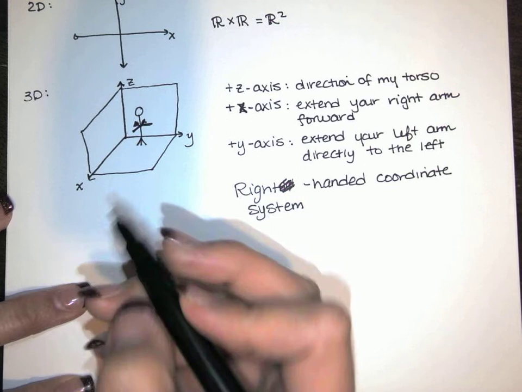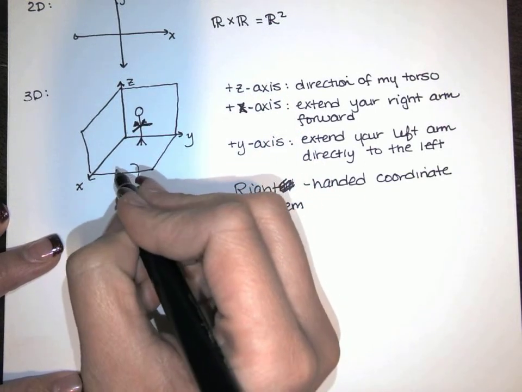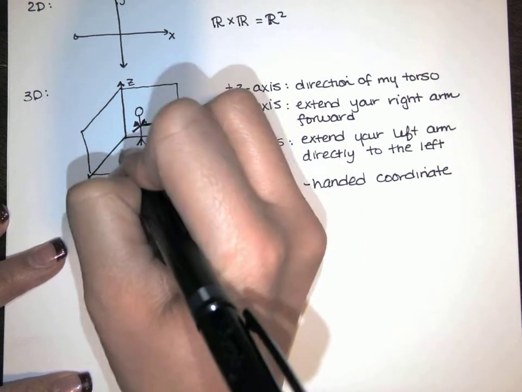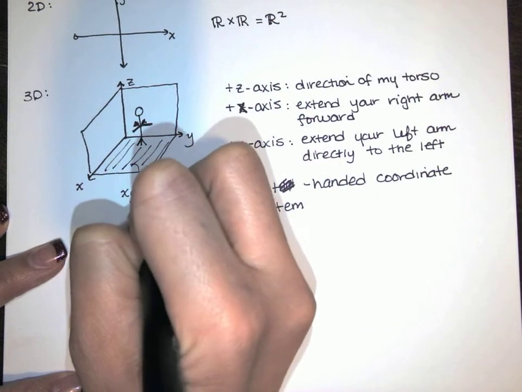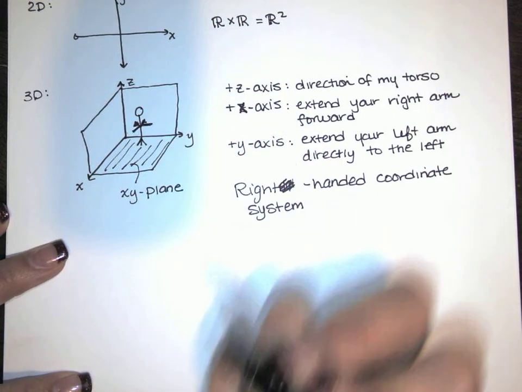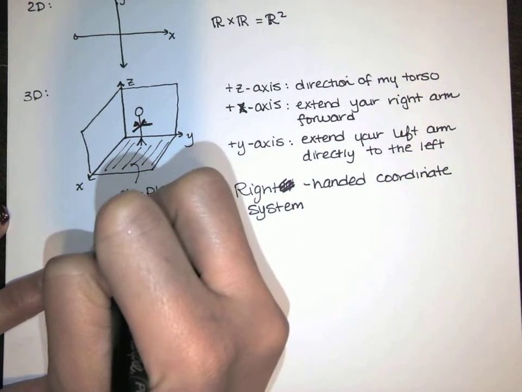Now this floor that I'm standing on, it's not the whole thing, but it's part of the xy plane. The xy plane is the plane that contains the x-axis and the y-axis.